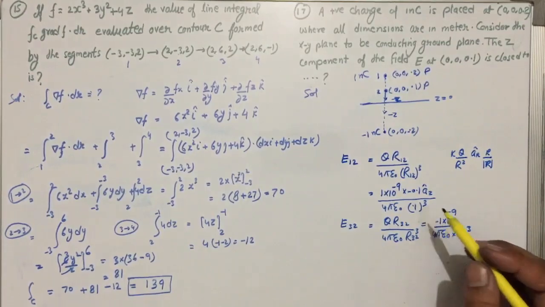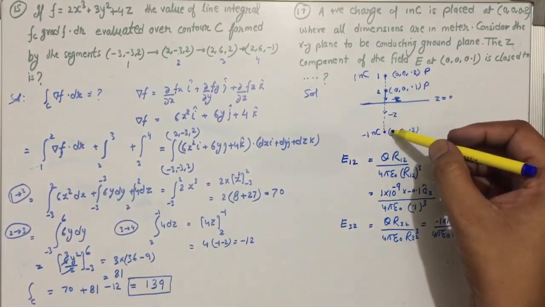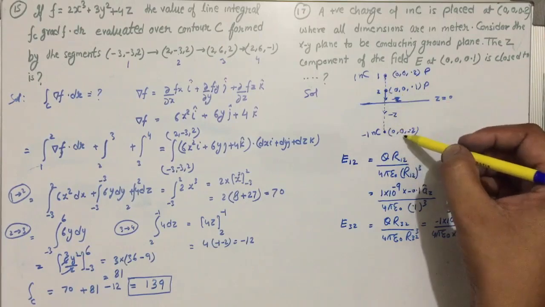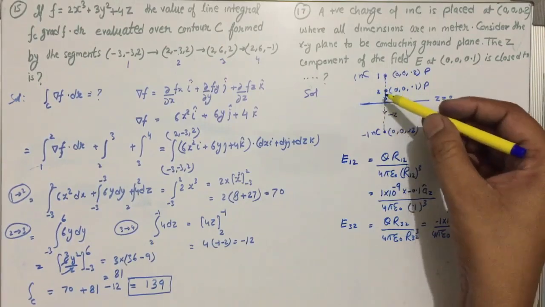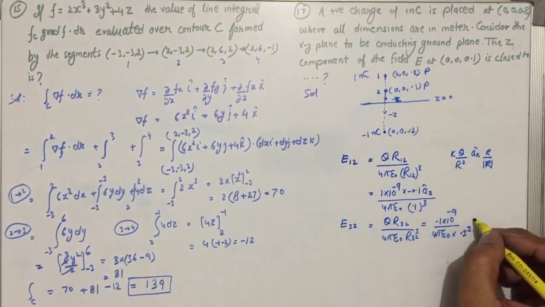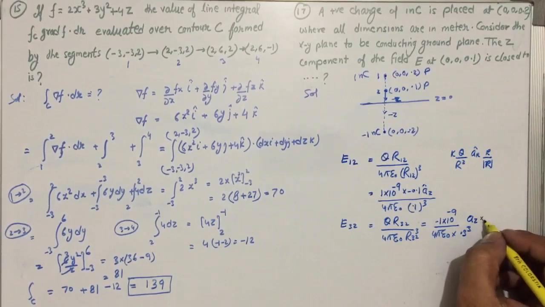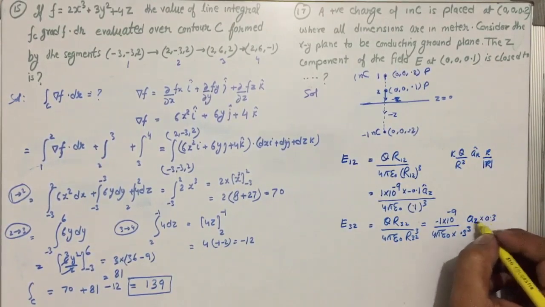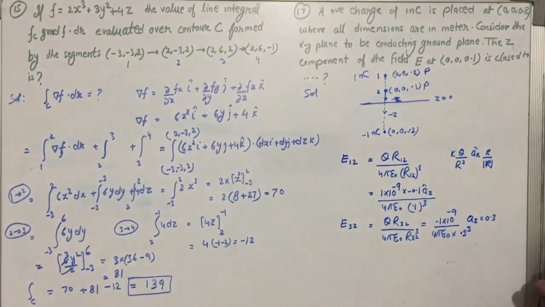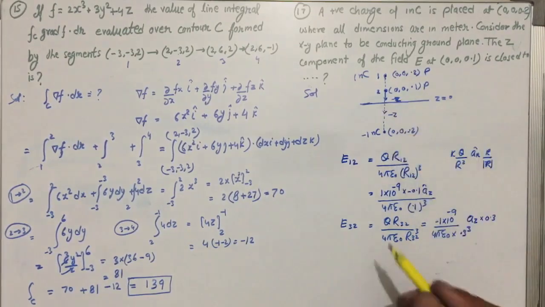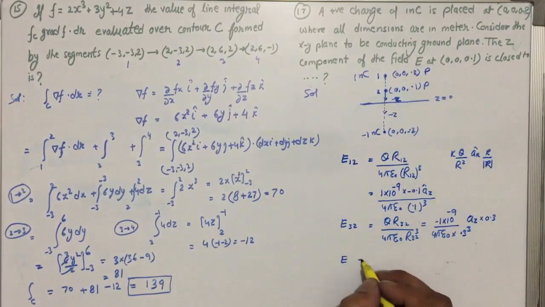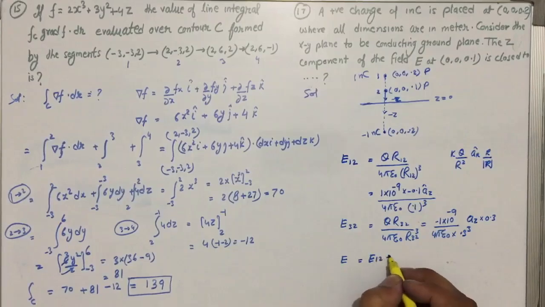This is final minus initial, which should be 0.3 in the direction of AZ. Okay, leave it. So the total electric field will be, both are in the same direction, so the total electric field will be E12 plus E32.